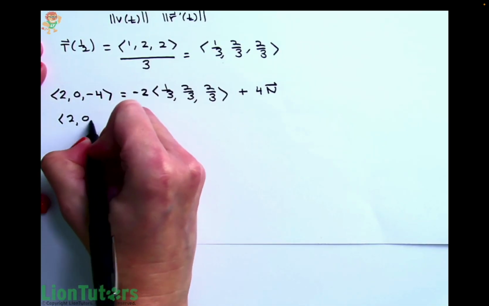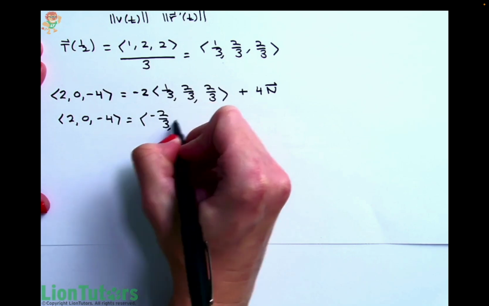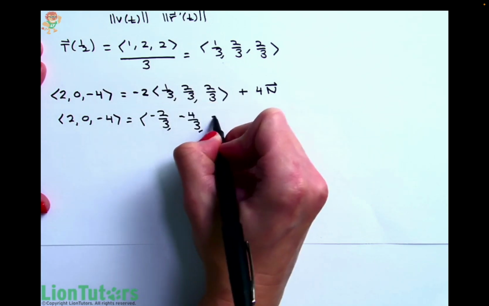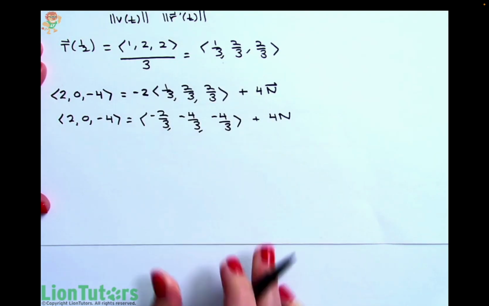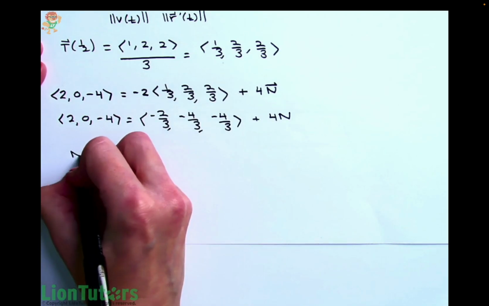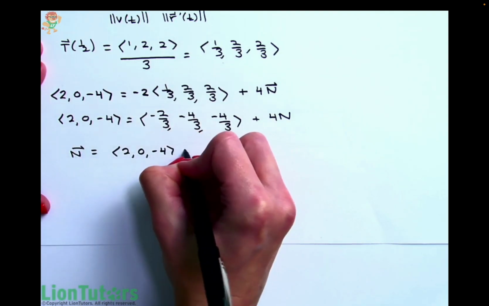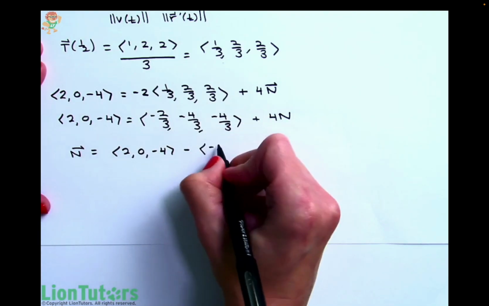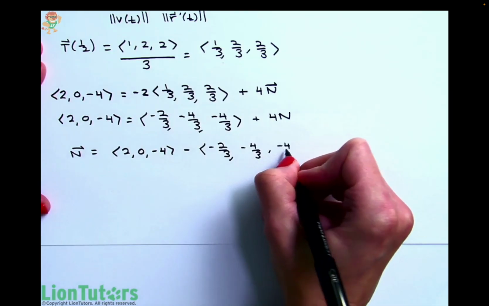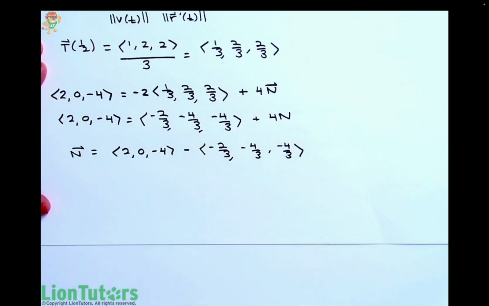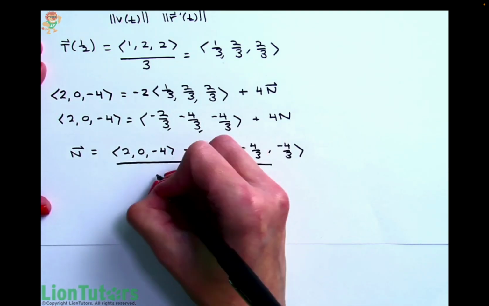This gives us 2, 0, -4 equals -2/3, -4/3, -4/3 plus 4N. So to solve for N, we say that N equals 2, 0, -4 minus this guy, minus -2/3, -4/3, -4/3, and then we divide all by 4.